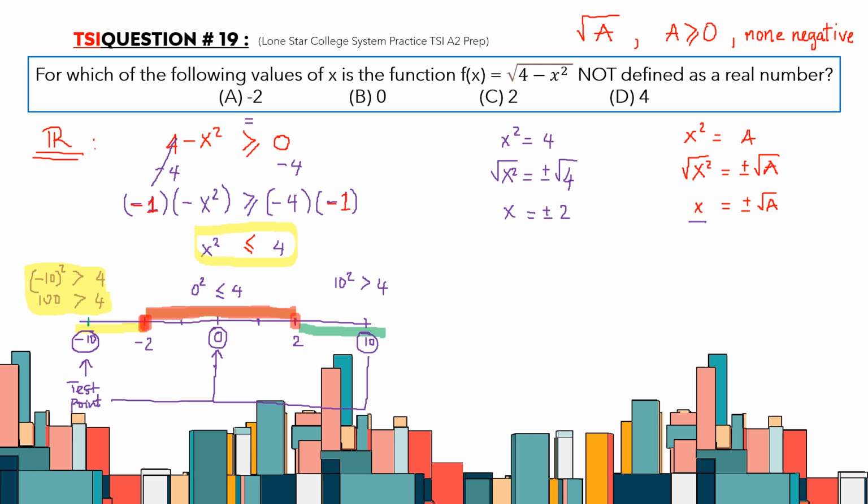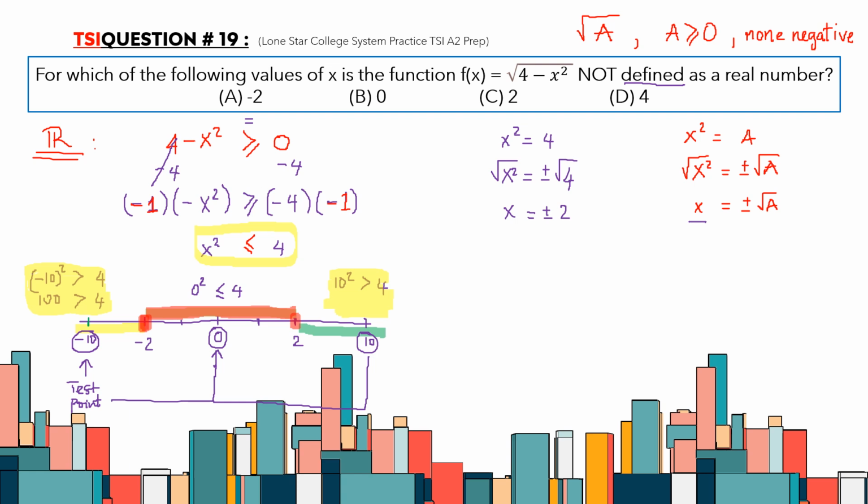So that is the region we don't choose. So to be defined as a real number, x has to be between negative 2 and 2.